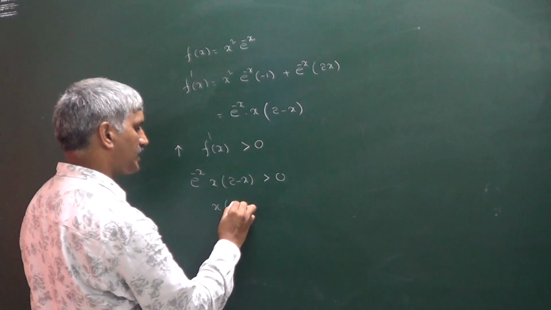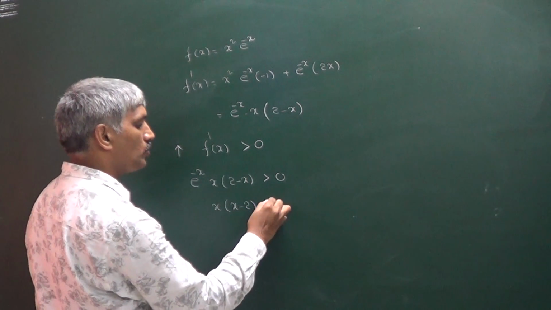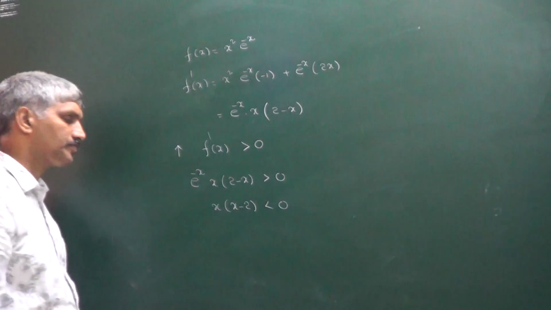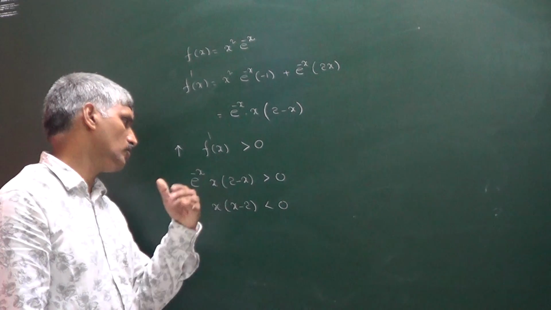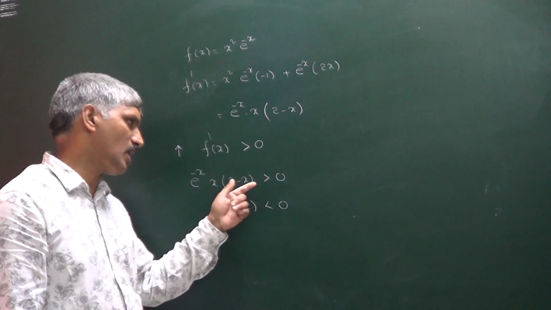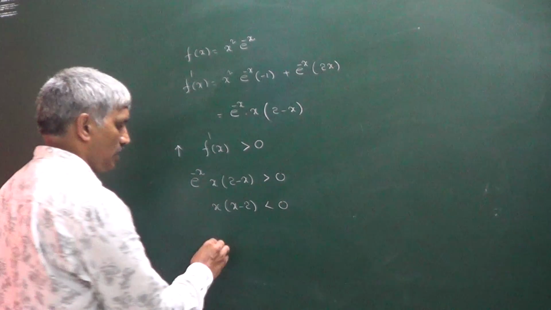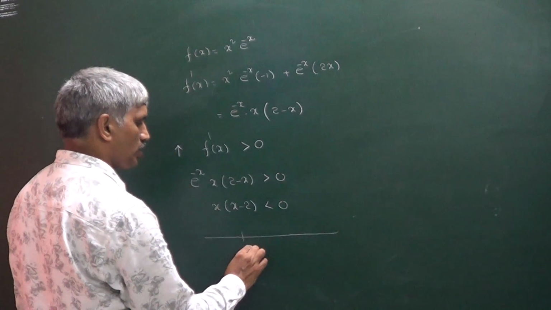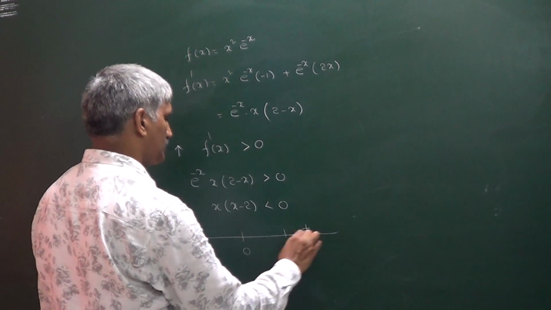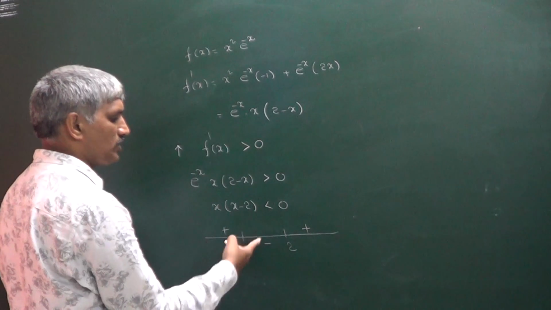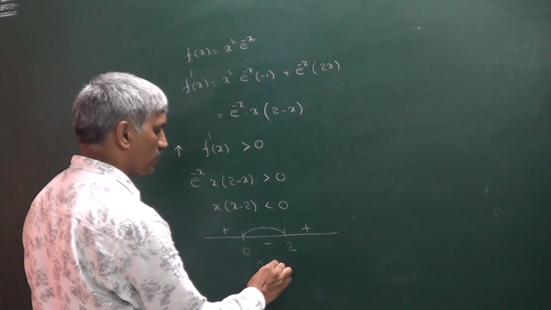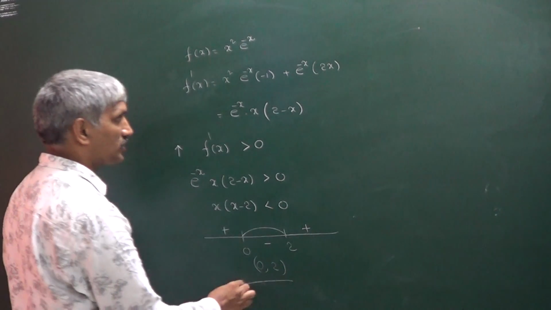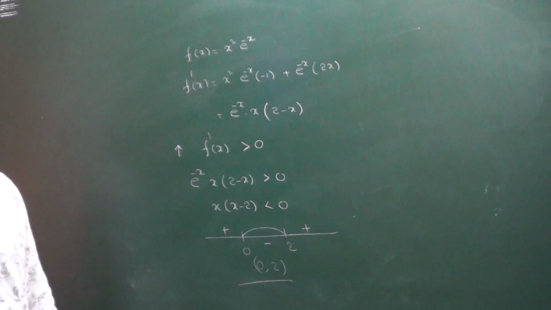Therefore we are getting x into x minus 2 less than 0, because e power minus x is always positive, removed. Here minus taken common, that's why inequality changes. Now number line, this is 0 and here we have 2, plus minus plus. Less than 0 means negative portion. Negative portion is there between 0 to 2. That's why in this interval the function is strictly increasing function.